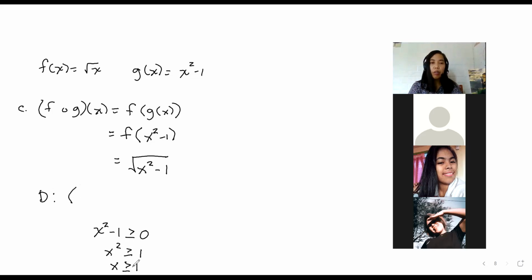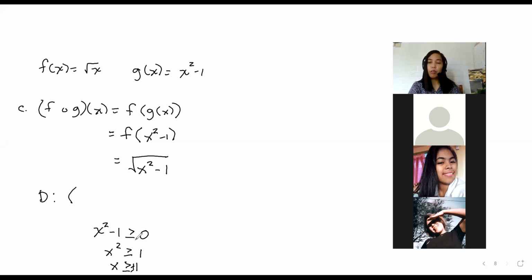a positive, negative, right? Positive, negative 1. X is greater than or equal to positive, negative 1. So we have x is equal to 1 and x is greater than 1. And also x is equal to negative 1 and x is greater than negative 1.